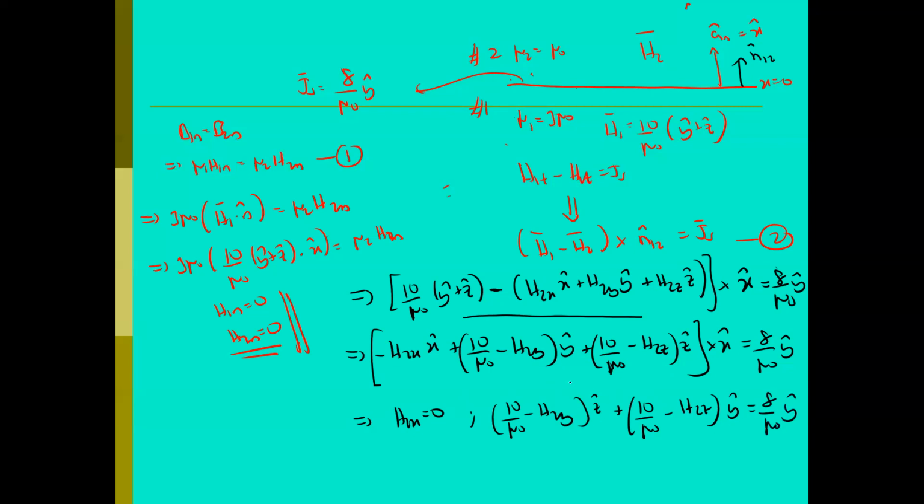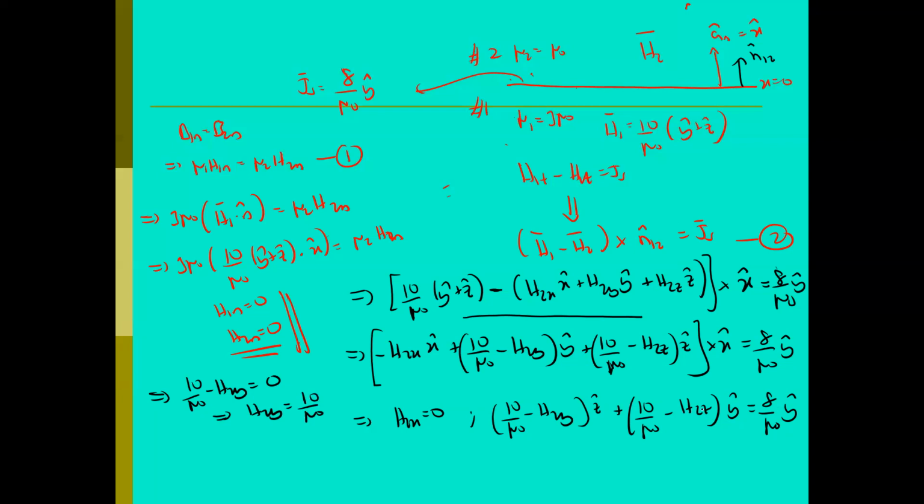Okay, so from here, when we compare, we're going to see that for the Z component, there is no Z component on the right hand side, in which we're going to have that 10 over mu naught minus H to Y to be equals to 0, in which subsequently you're going to have H to Y to be equals to 10 over mu naught.